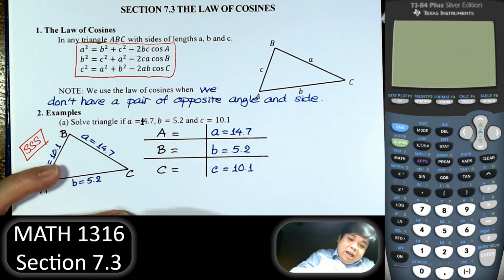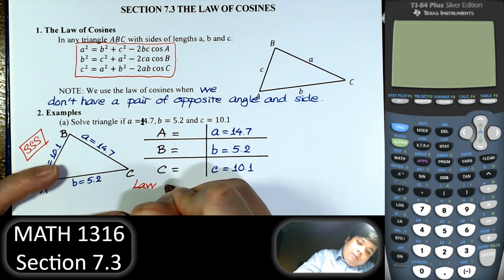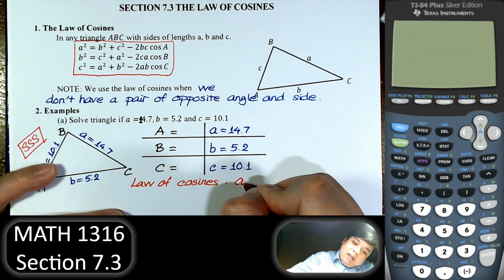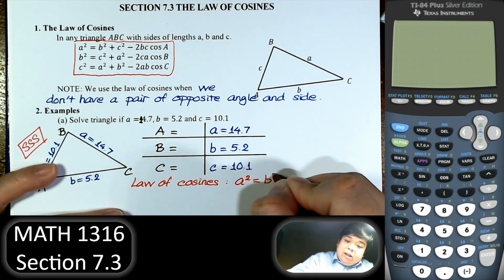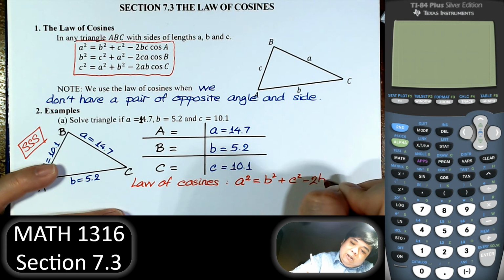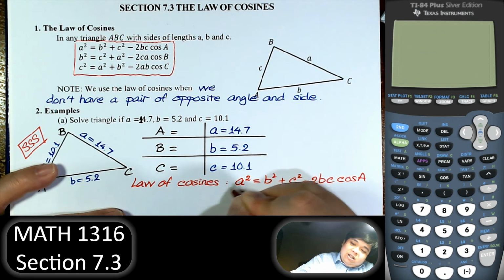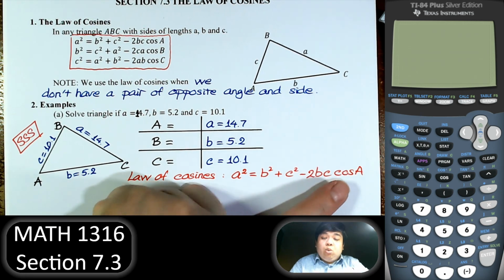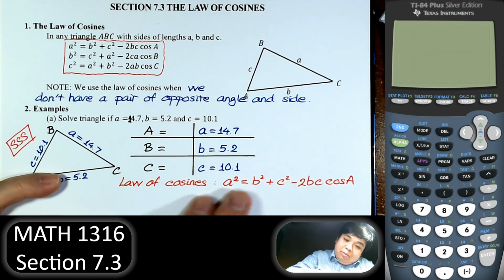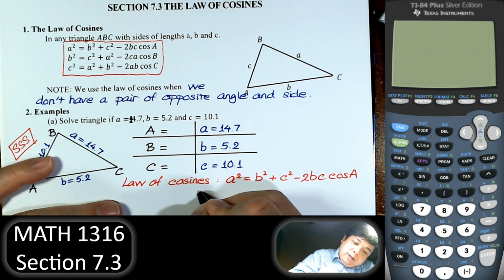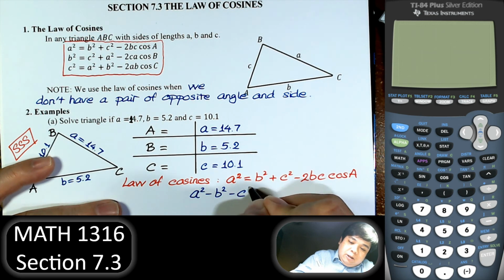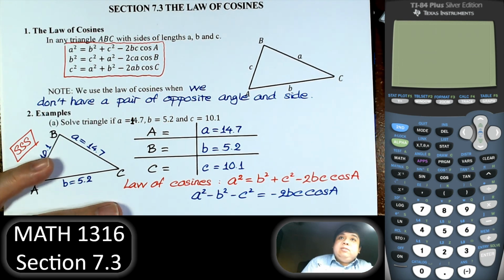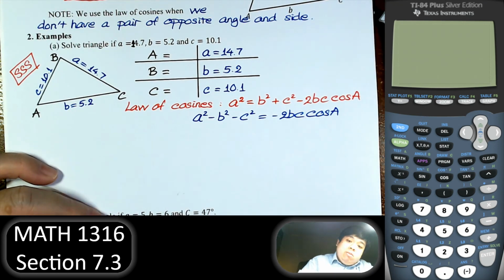So I will write out a squared, using the law of cosines. a squared equals, if I start from a, the other two variables in the middle, but the last one is going to be cosine of the same letter, A. Now, in this case, we know all the sides, so we're just going to solve for cosine of A. So I move b squared and c squared to the other side, equal to negative 2bc times cosine of A. Subtract b squared and c squared, and then divide by negative 2bc.